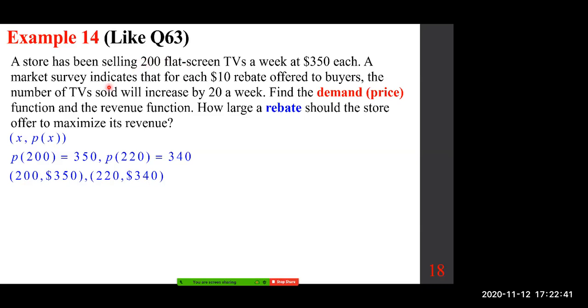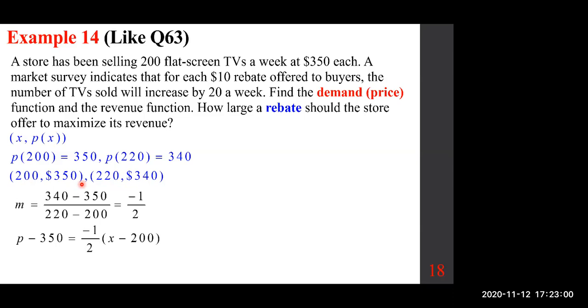Now I have two pairs, y minus y1 equals m times x minus x sub 1. I calculate the slope. And again, class, this is y sub 2 minus y sub 1 over x sub 2 minus x sub 1, okay?